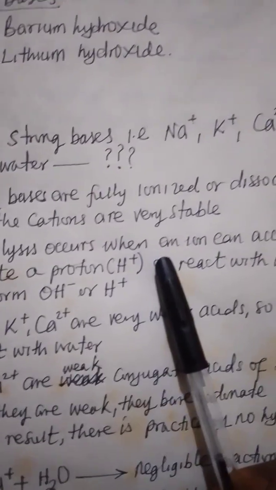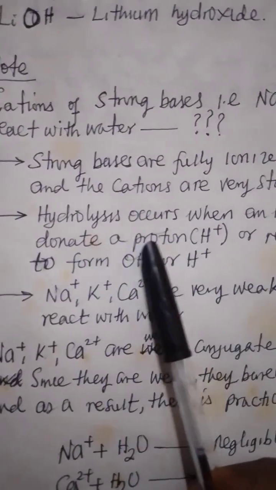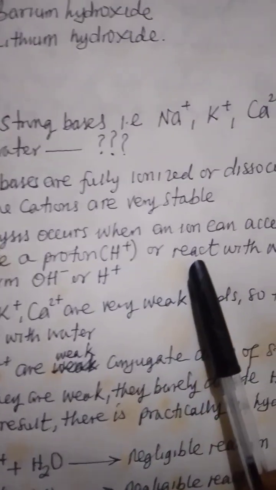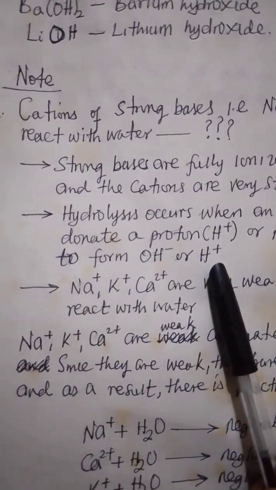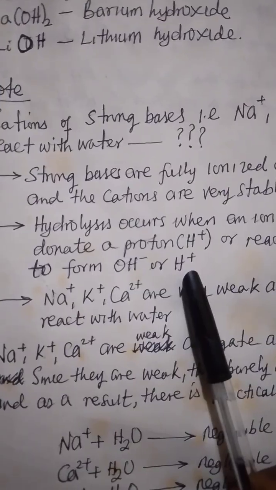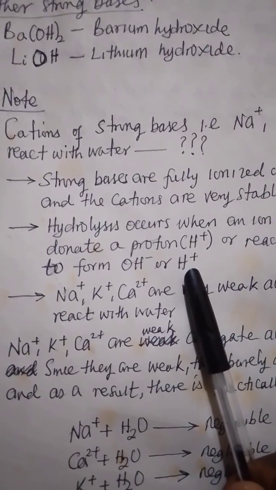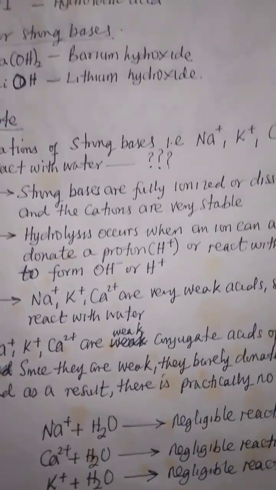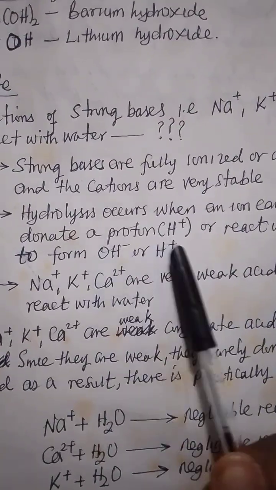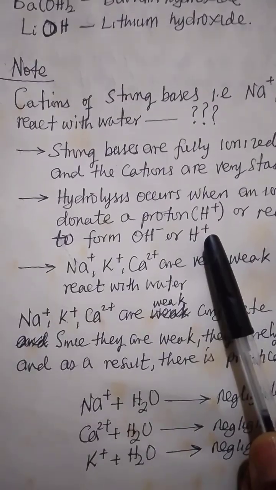Hydrolysis occurs when an ion can accept or donate a proton or react with water to form OH- or H+. So hydrolysis sets in when the ions of the salt can either accept or donate a proton to form OH- or H+. When this happens, we say hydrolysis has taken place.